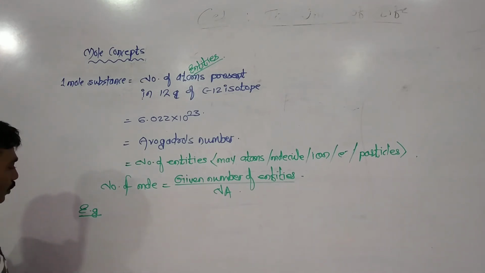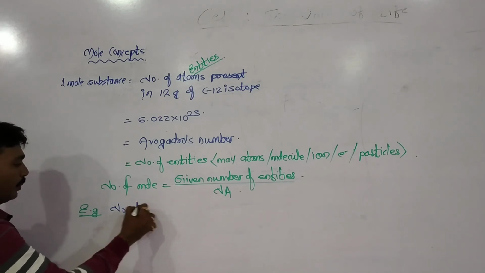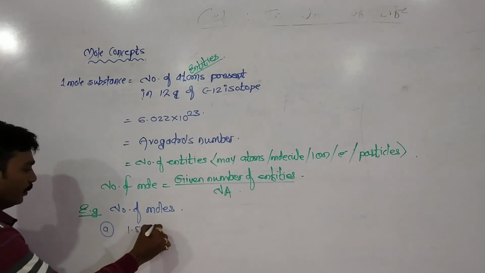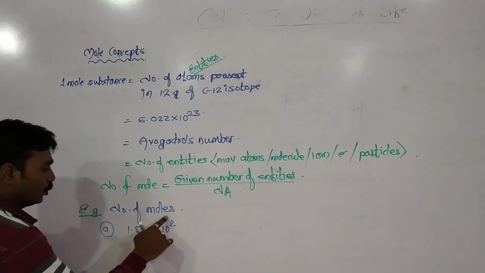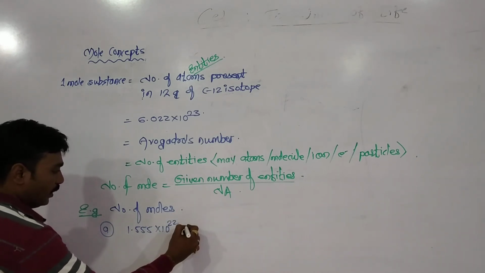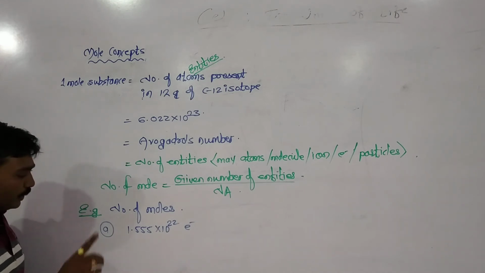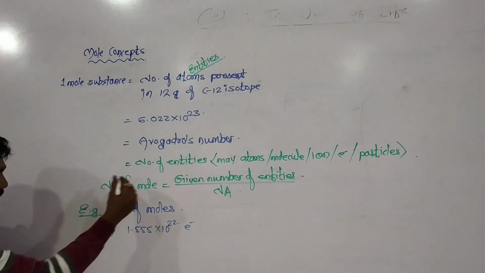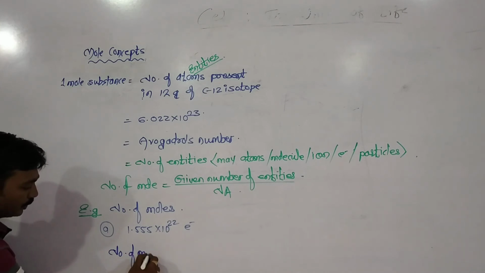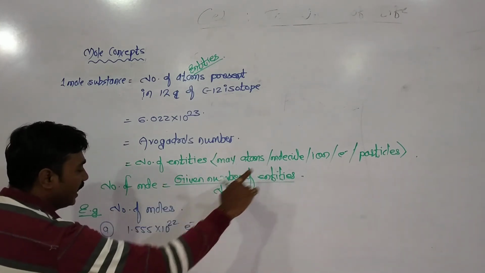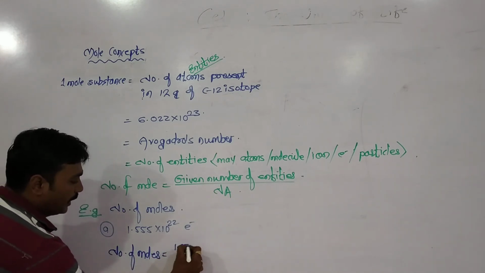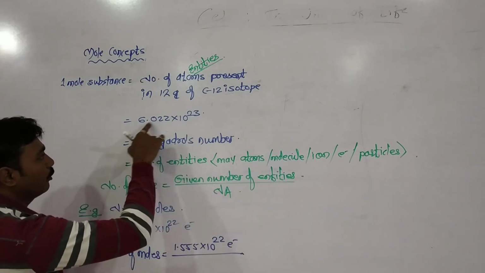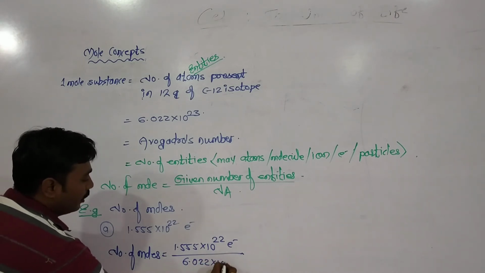For example, if I have to calculate the number of moles for 1.555 into 10 to the power 22 electrons, then according to our formula, number of moles will be equal to the given number of entities, 1.555 into 10 to the power 22 electrons, upon Avogadro's number, which is 6.022 into 10 to the power 23.